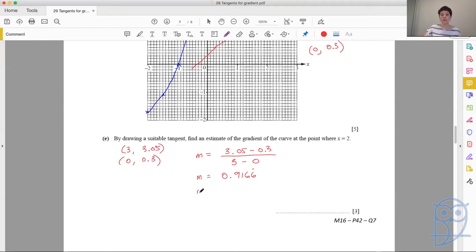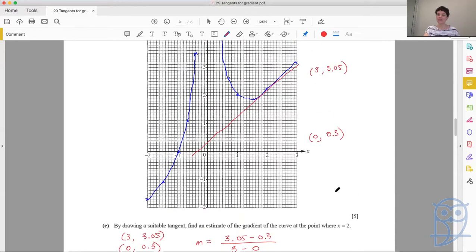So to 3 decimal places, 3 significant figures, 0.917. Because unless otherwise stated, we always round our answers to 3 significant figures. So 0.917 is our estimate from our dodgy tangent for the gradient of the curve at the point where x equals 2.